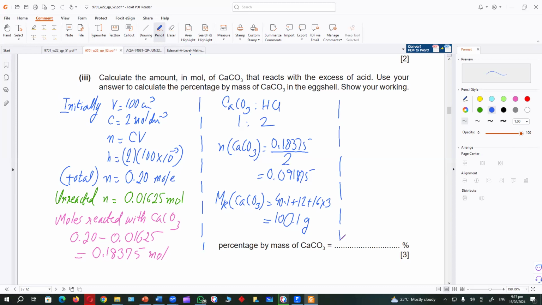So then we find the mass. No, actually we need the amount in moles. Okay, fine.